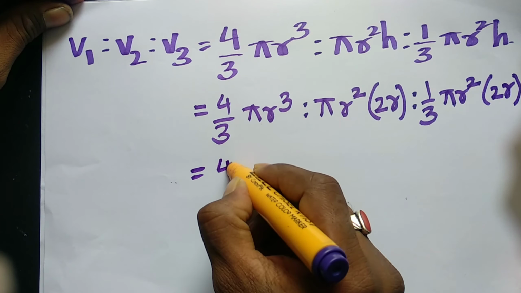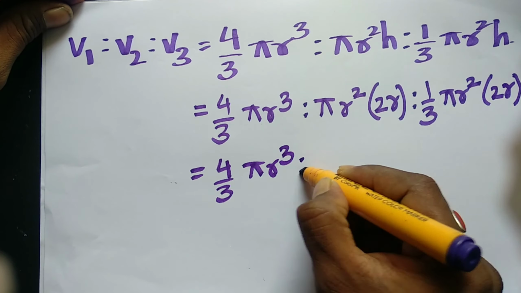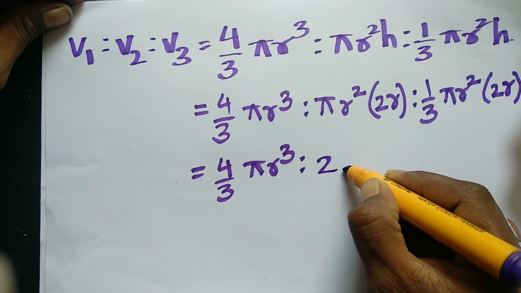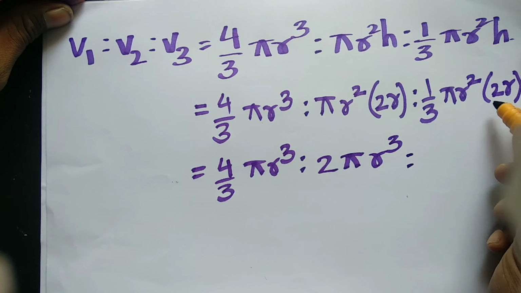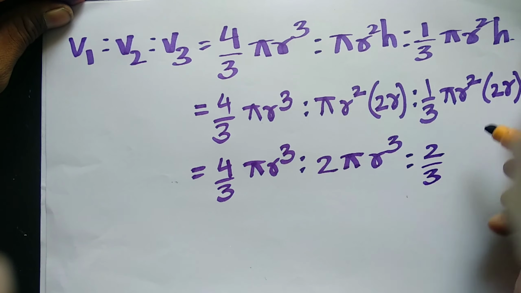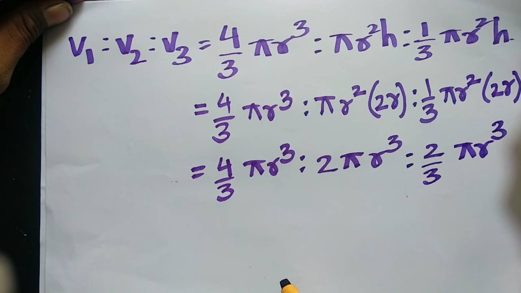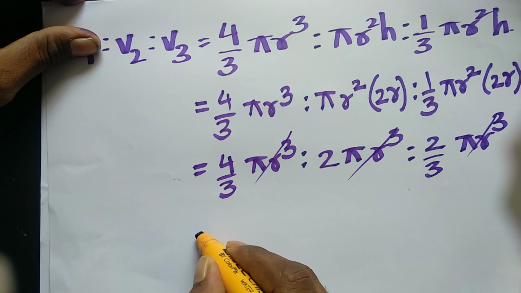Next step: 4 by 3 pi r cube is to 2 pi r cube is to 2 by 3 pi r cube. Now we can cancel pi r cube in each term.